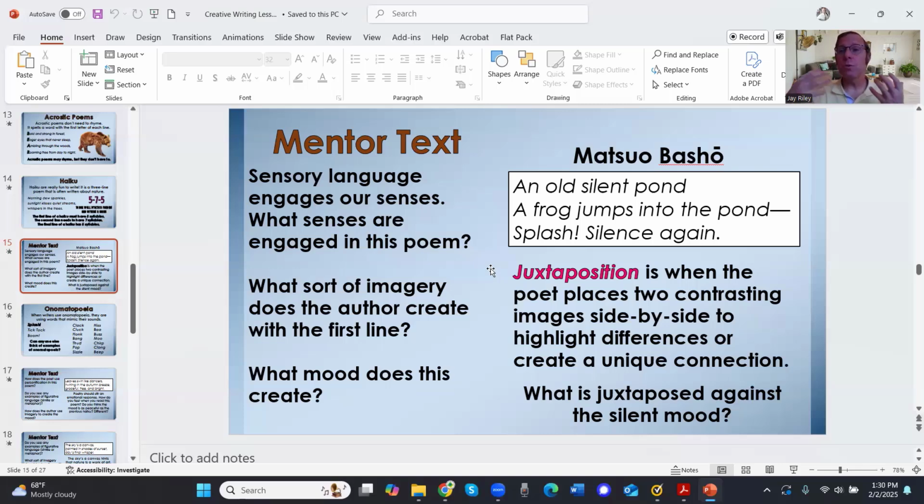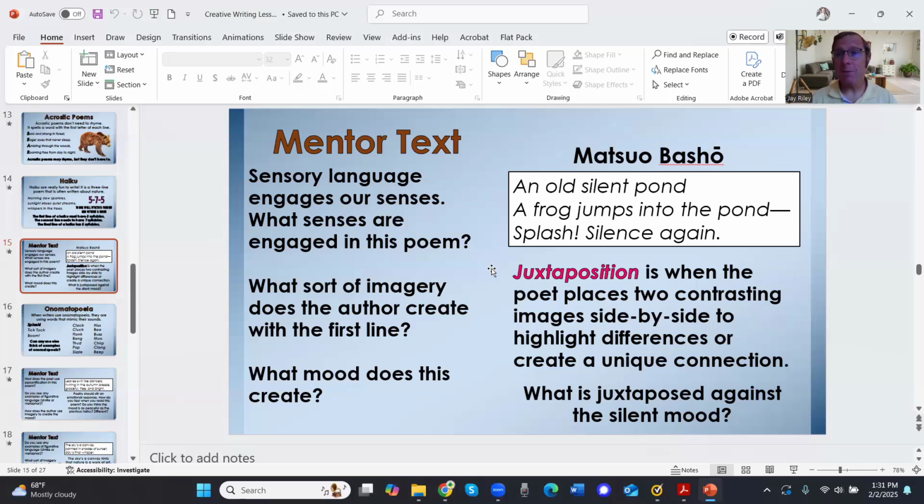We've got two contrasting elements of nature placed side by side with one another. And I think if we think back to things we've observed in nature, we probably all observed things like this, where we've seen a very silent, peaceful scene, and then an animal will do something to disrupt that silence. So that's just part of nature.